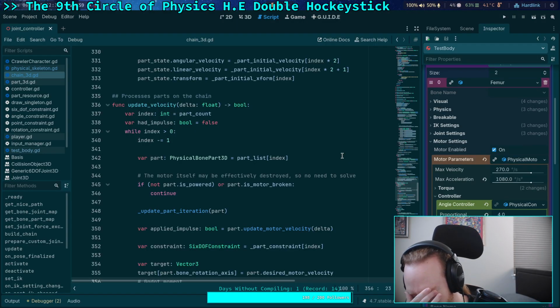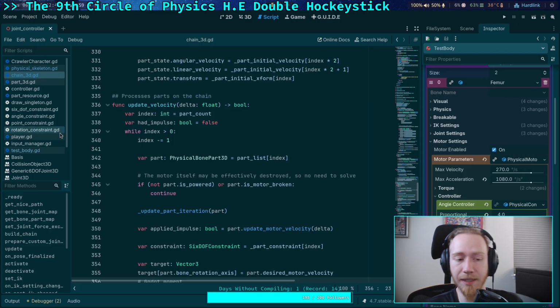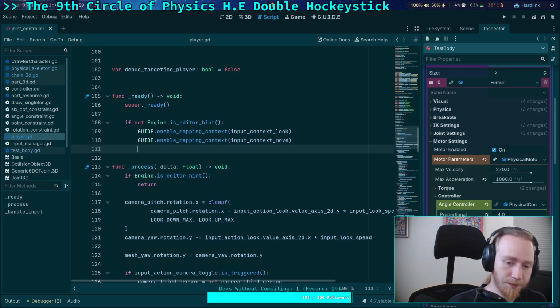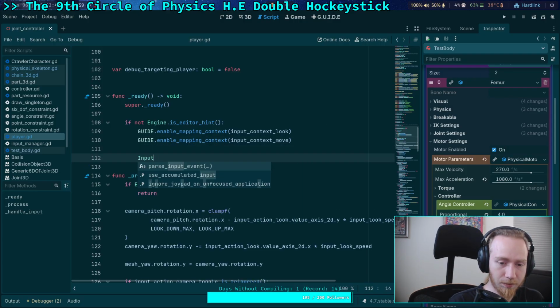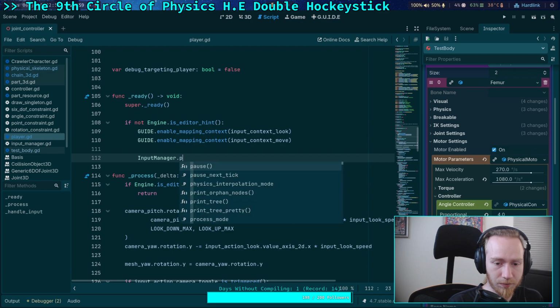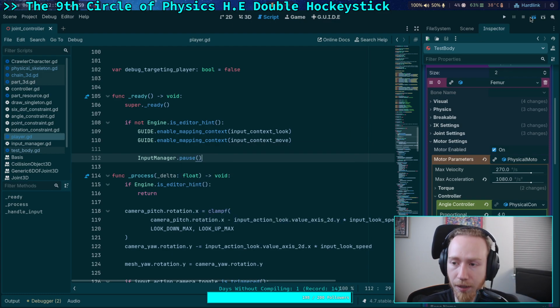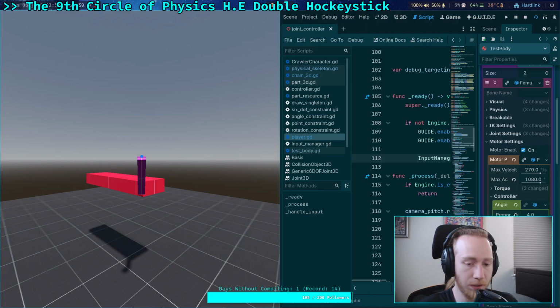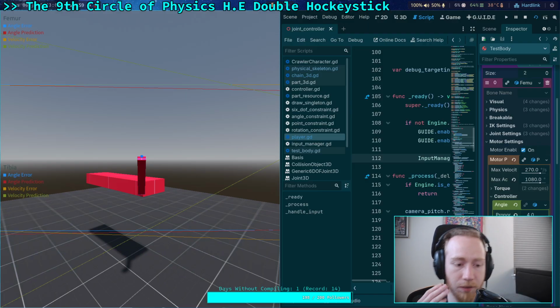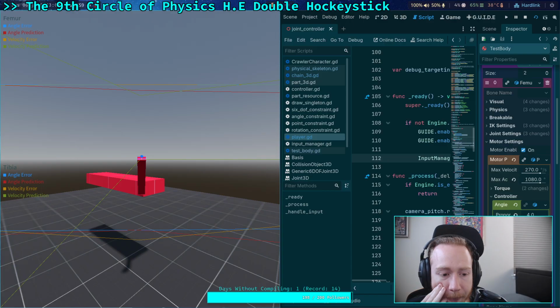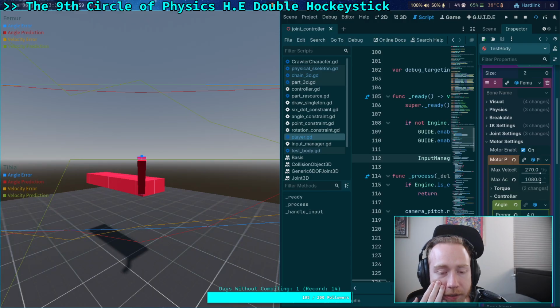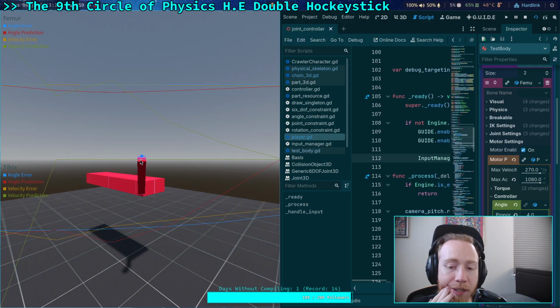Yeah, I mean, given the correct angles now, it's like immediately wrong. I guess I'll just see. Okay, so the tibia, and I mean, just their velocity prediction is insane.